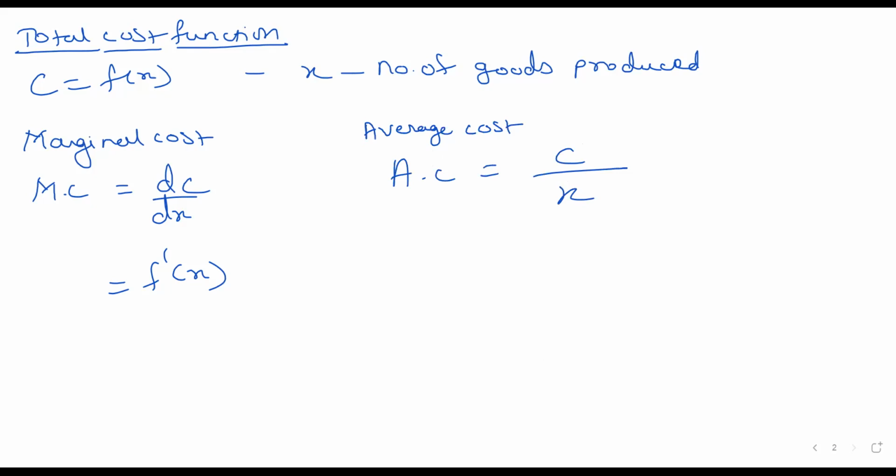Now next, revenue and profit. Revenue function. A revenue function is denoted by R of x. It is total units sold times price.